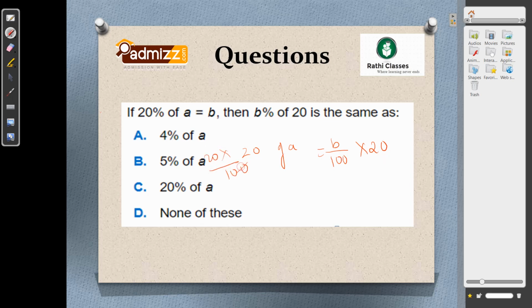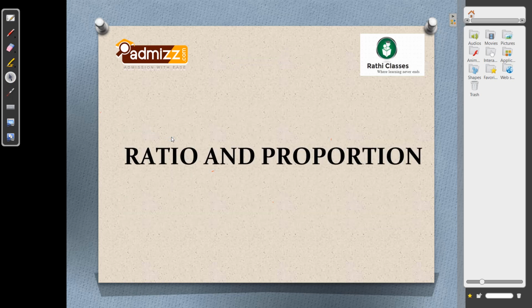So the answer would be 4, in percent, so the answer would be 4% of A equals B percent of 20. So the option is A. These are the very easy problems that you can get in an aptitude examination. Moving on to the next question.